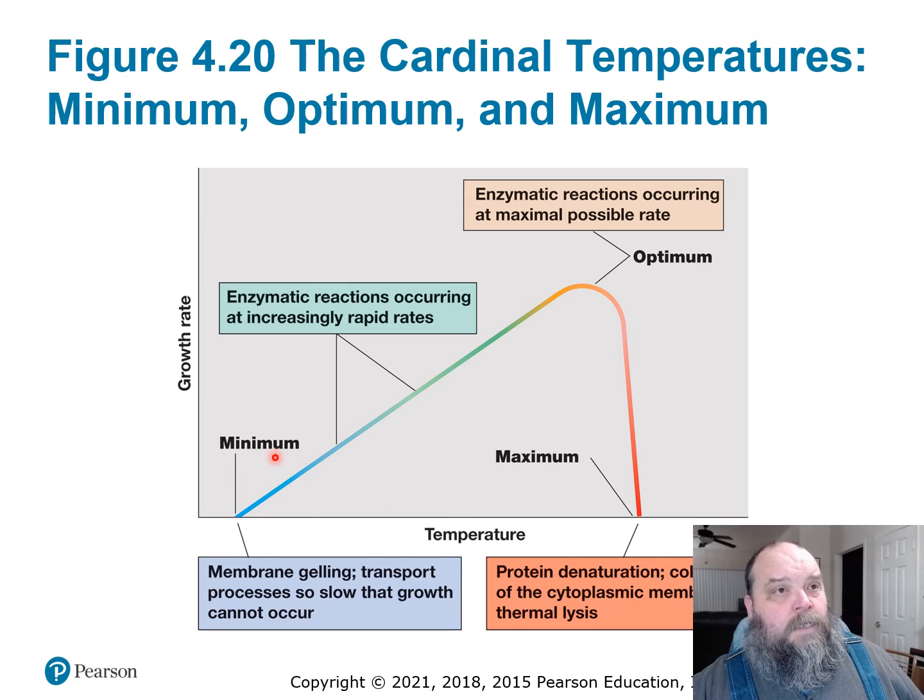Too cold, not fluid. Now it's more crystalline. Things can't pass through in and out fast enough. Cell starts to starve. Too hot, too cold, just right. Not only enzymatically, but also for membrane fluidity.